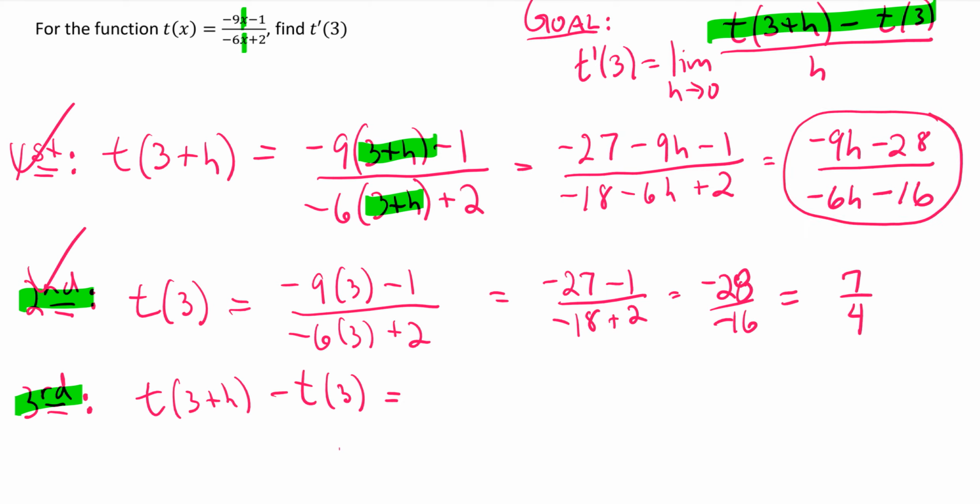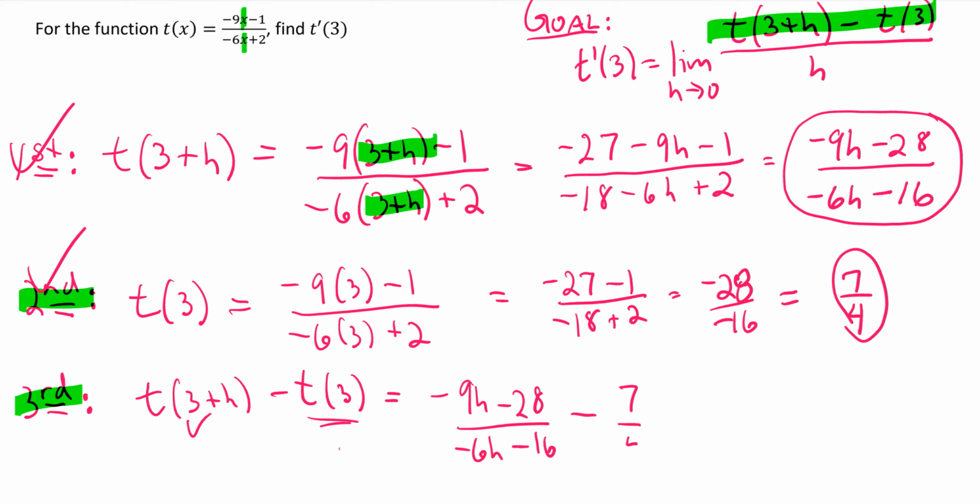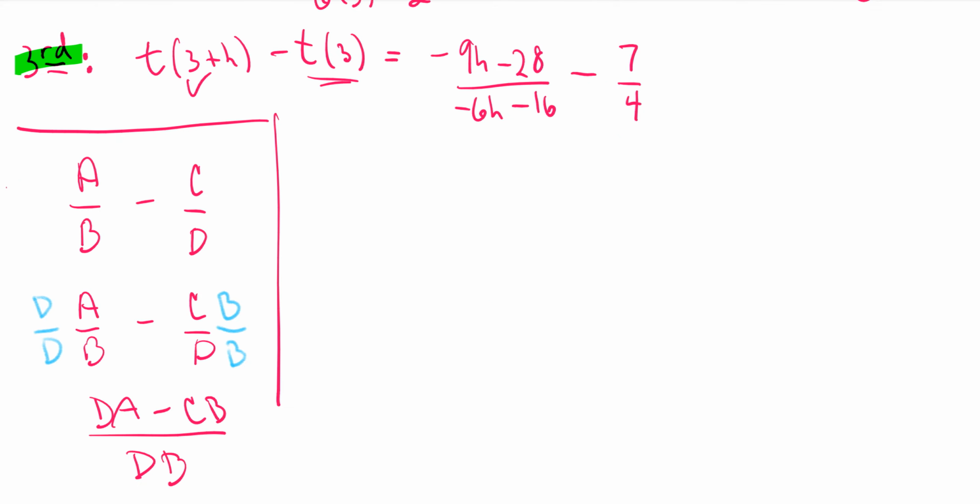So we have negative 9h minus 28 over negative 6h minus 16 minus t of 3, which is 7/4. So this is a fraction subtraction that we do have to carry out. It's a little bit tricky, but if you relate it to what's on the left-hand side of the screen, I think that's the way to go.